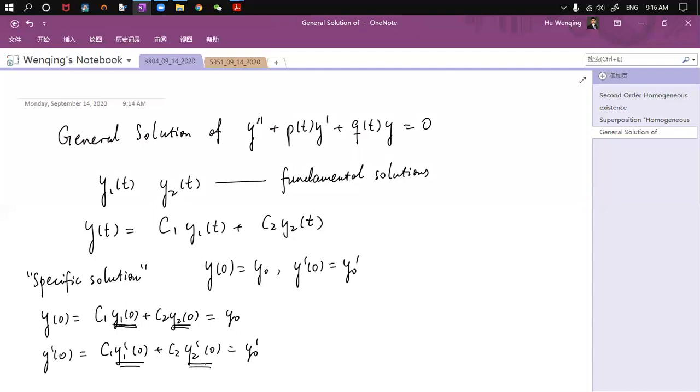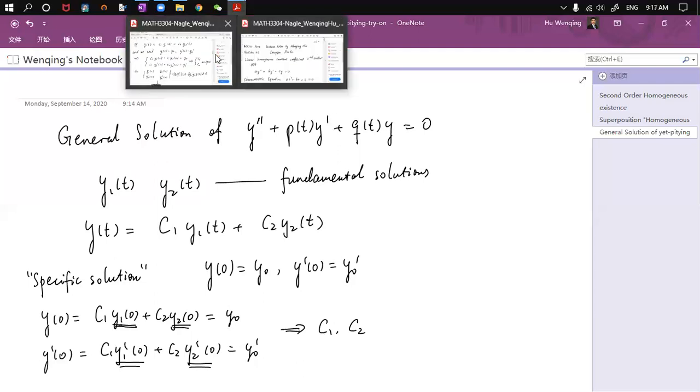These are quantities that are very easy to obtain. Once you have them, you can treat this as a linear system of equations that gives you c1 and c2. As long as you calculate c1 and c2, you get a particular solution out of the general solution. So you don't really need the general solution, but you immediately obtain the particular solution. That's how you find c1 and c2 for your particular solution.